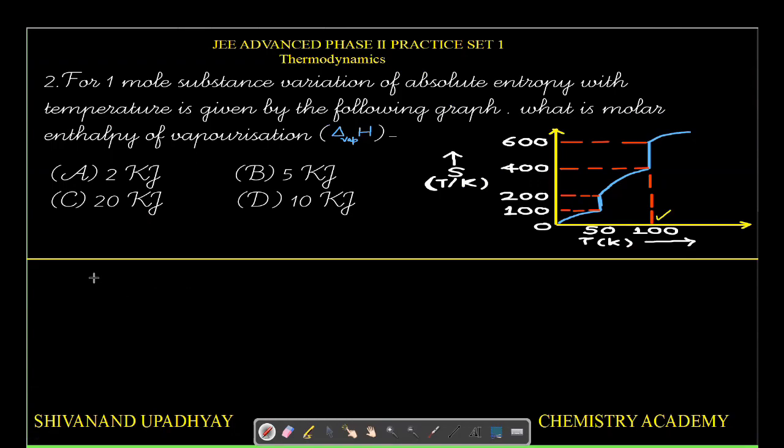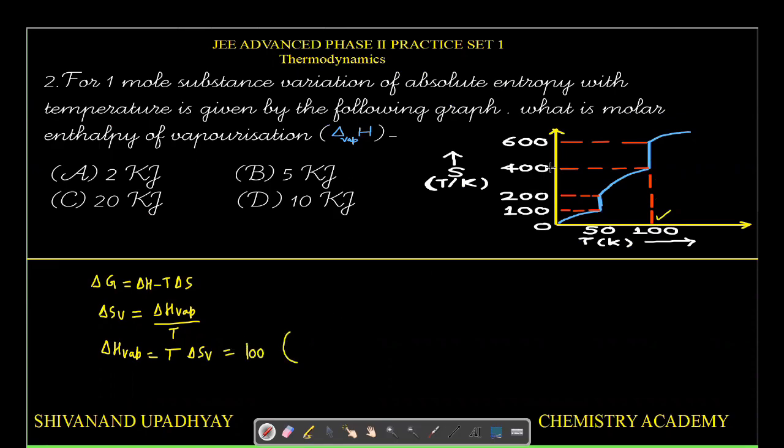We should write here that delta G is equal to 0, and delta G is equal to delta H minus T delta S. So I can write that delta S vaporization is equal to delta H vaporization divided by vaporization temperature or boiling temperature. And from here, I can write that delta H vaporization is equal to T delta S vaporization. So temperature is constant, that is equal to 100 Kelvin.